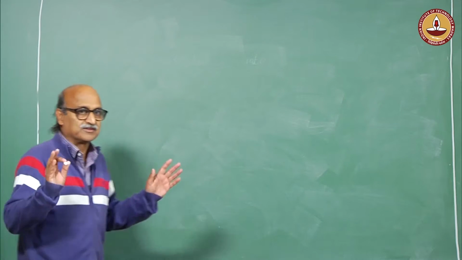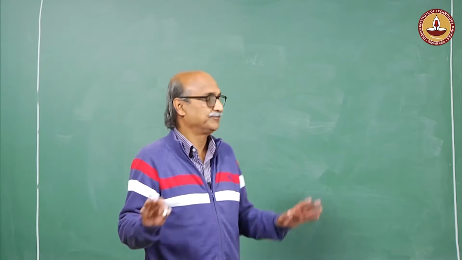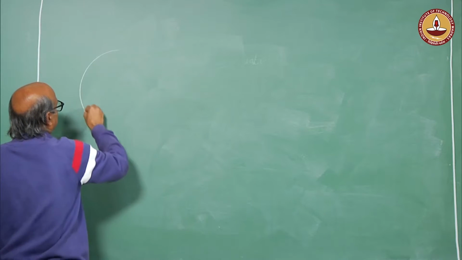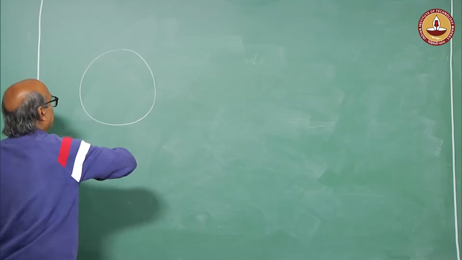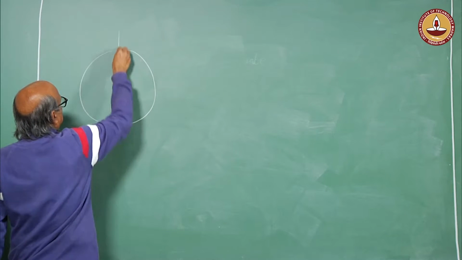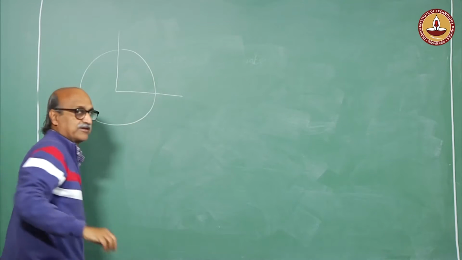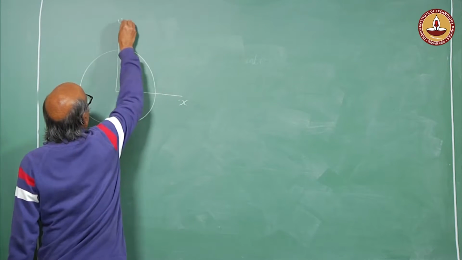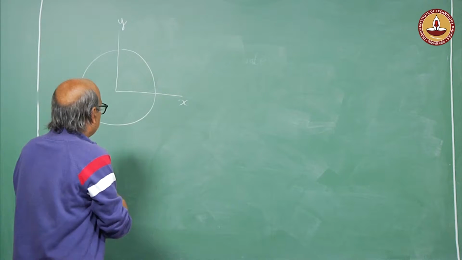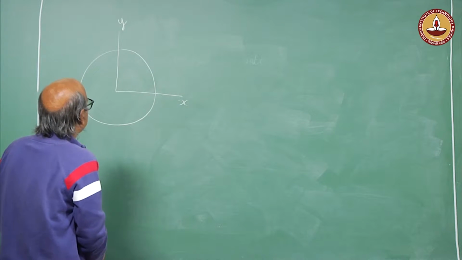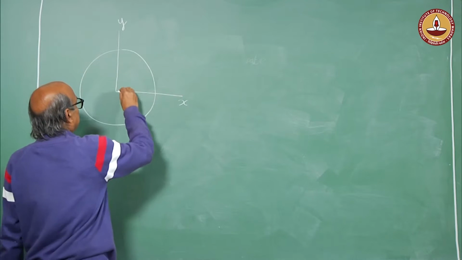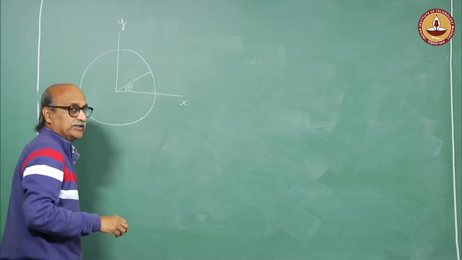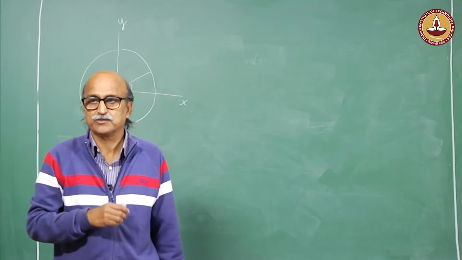We will take first the simple case of 2 dimensions. So, in 2 dimensions, what I can do is I can define a circle of unit radius, okay, in x y coordinates, then any orientation can be defined by the parameter theta, okay.